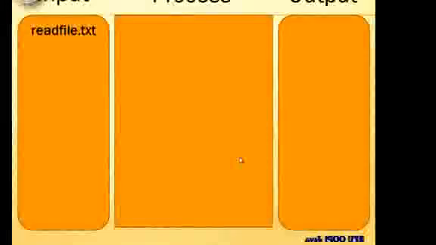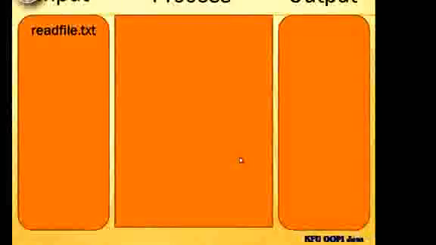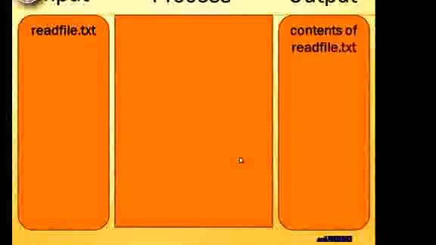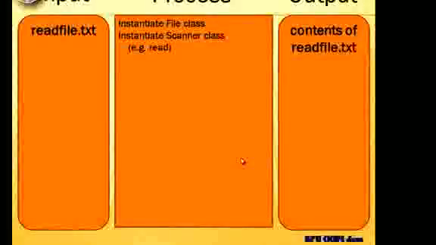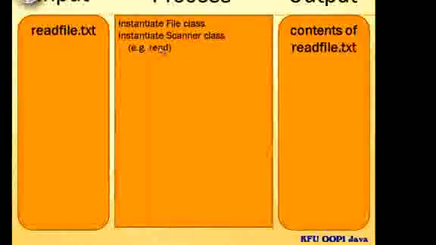So our input is that file, readfile.txt in Drive D, and the output will be the contents of that file. For our process, we first have to instantiate the File class. Then we have to instantiate the Scanner class, something that we usually do. For example, we're going to name it read.